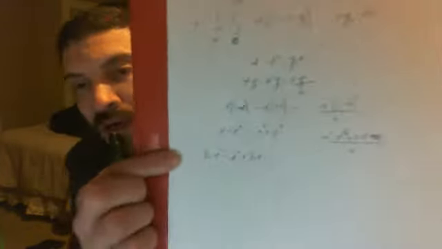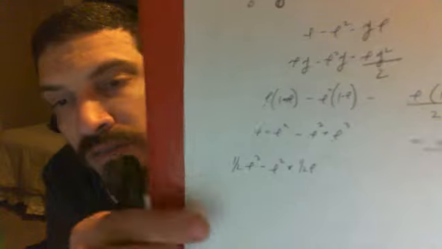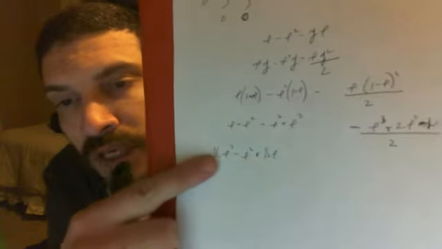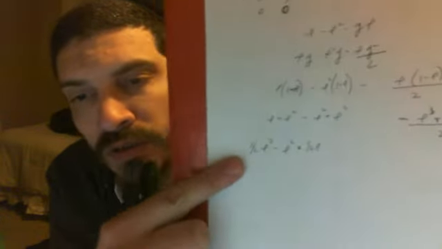See the final line here? This is the final thing after combining like terms. This is what you get: half x cubed minus x squared plus a half x.